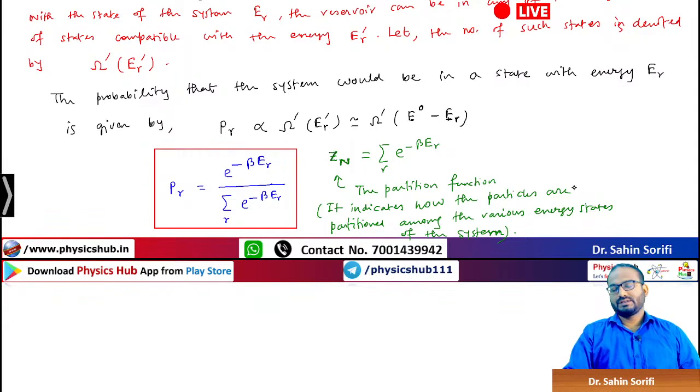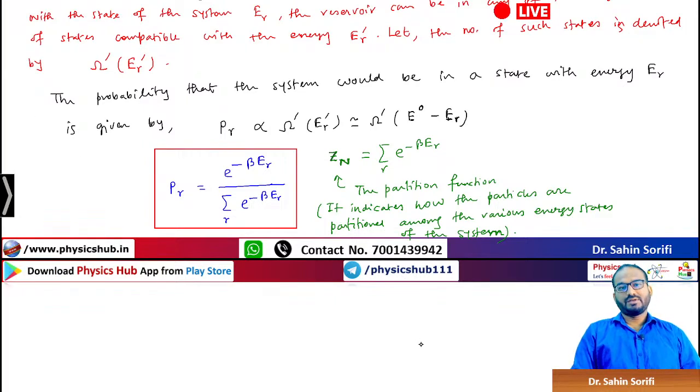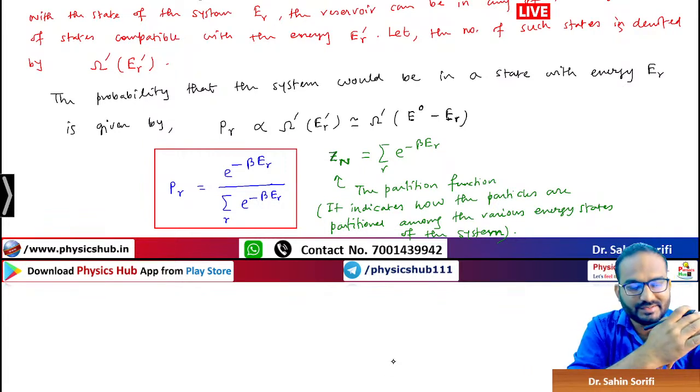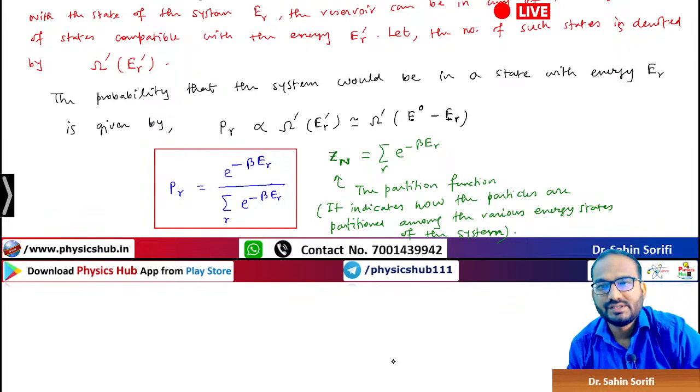Now there may be degeneracy of a particular energy state. So if the levels have multiplicity or degeneracy or a statistical weight, then the formula will be changed a little bit.